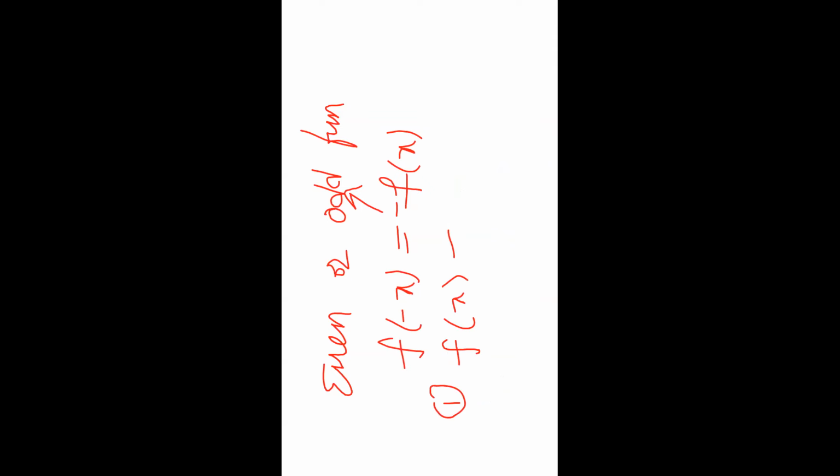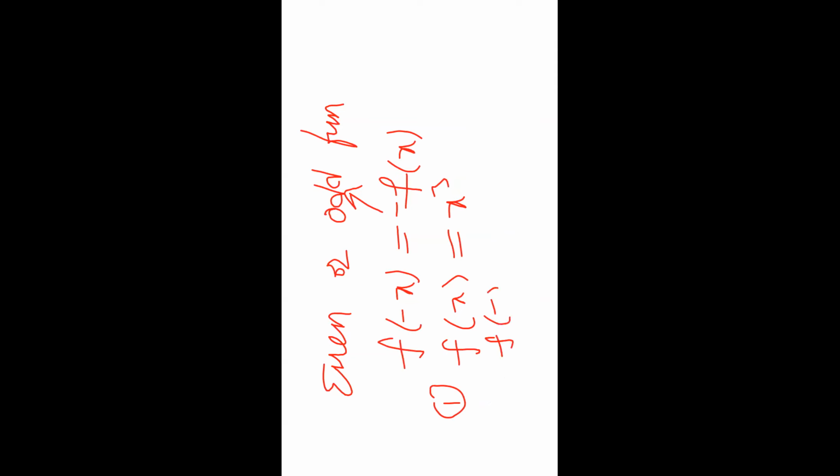What is the definition of an odd function? Replace x by minus x in the given problem, and we get minus f of x. Then f of x is an odd function. Taking an example, suppose f of x equals x cube.